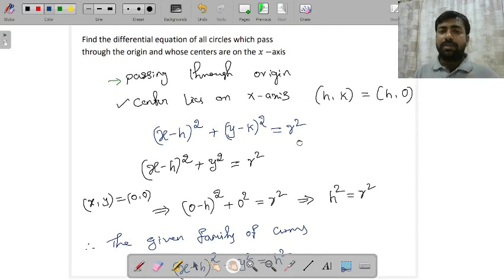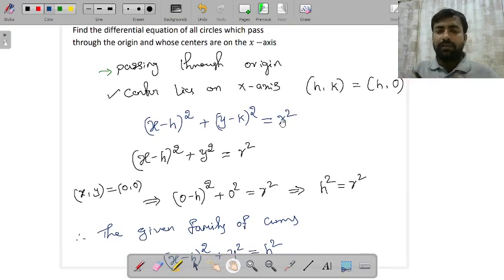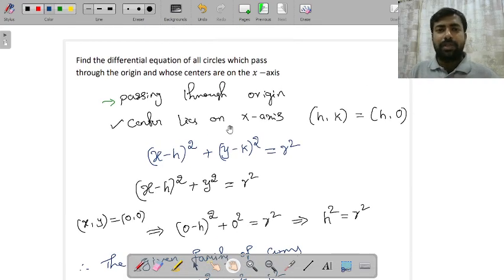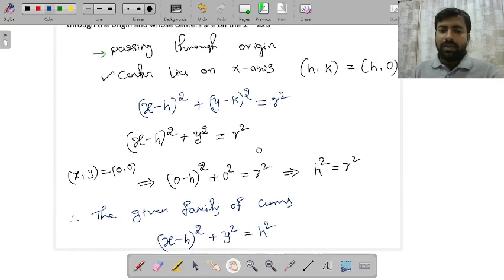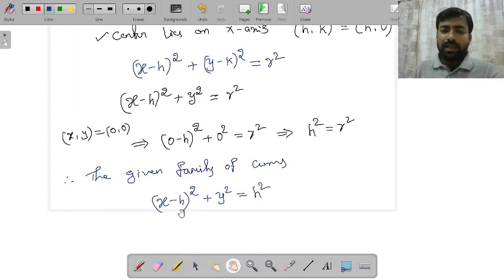So here if you observe, they didn't give us the formula explicitly. They gave us some information, and based on that information we found the family equation. The family equation is nothing but this. So now let us differentiate this expression and try to eliminate this h. This is clearly a one parameter family, right?